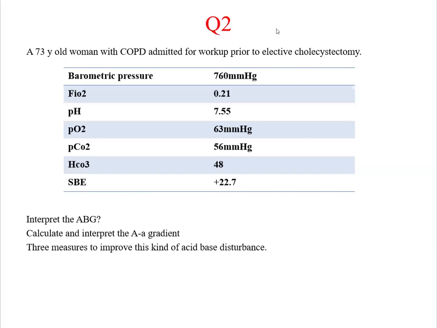Your A-a gradient: your FiO2 is 0.21 here, so the entire value is 150 minus your PaCO2, which is around 56, so 56 divided by 0.8. So what will be your A-a gradient?